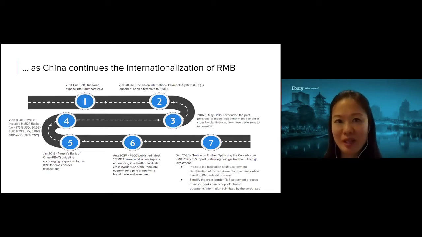Although in practical terms, because we negotiate on a daily basis with a lot of suppliers in China of our clients, the feedback that these suppliers have been giving us is that depending on the bank that we're talking about in China and also on the region, this policy has been implemented to a lower or higher degree.